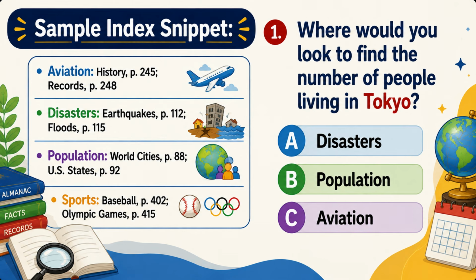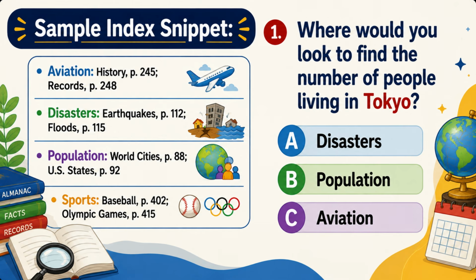History, page 245. Records, page 248. Disasters, earthquakes, page 112. Floods, page 115. Population, world cities, page 88. U.S. states, page 92. Sports, baseball, page 402.